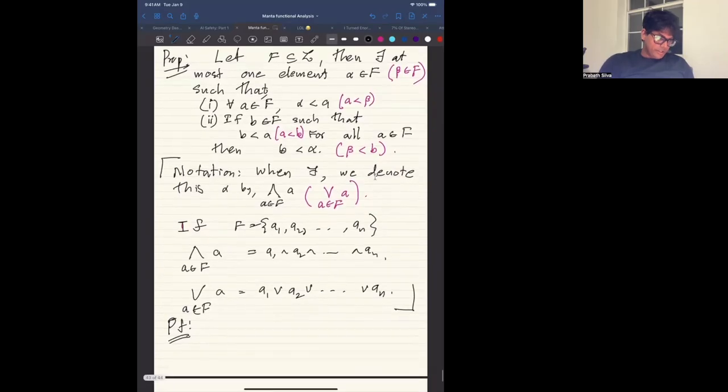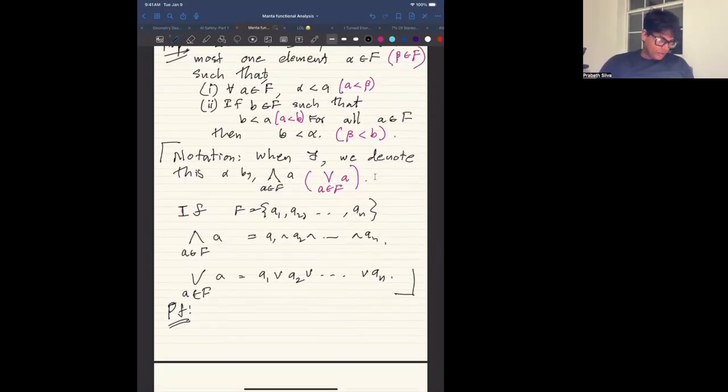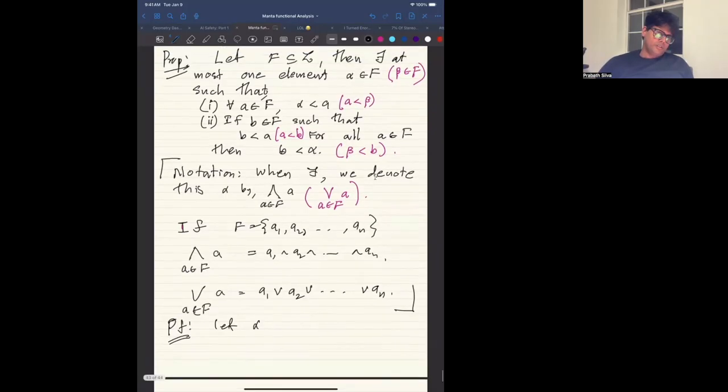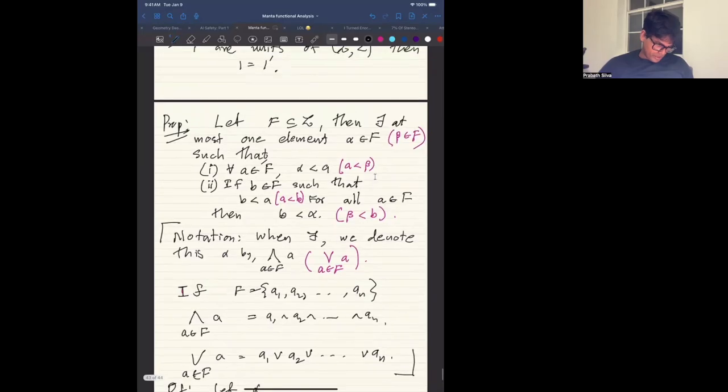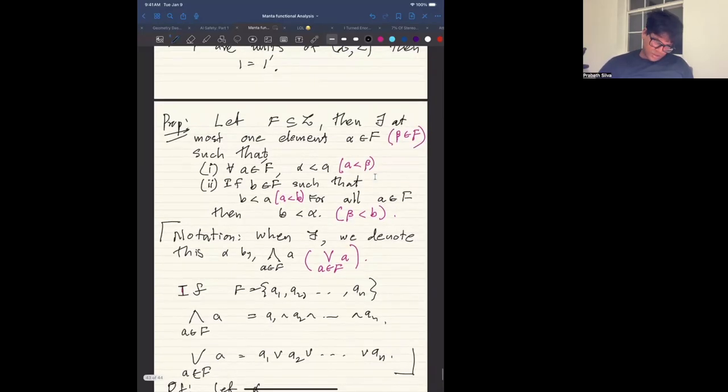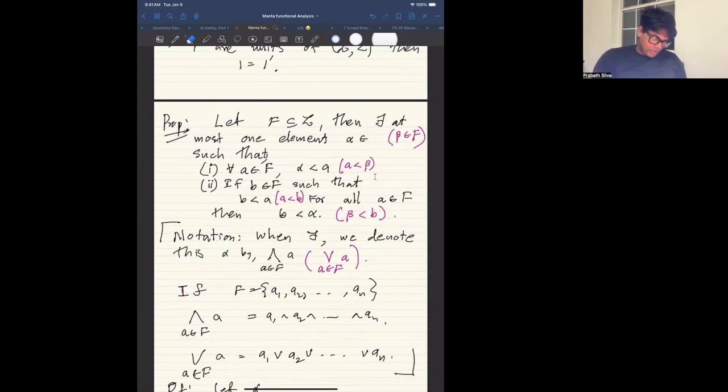So assume, let alpha... This element doesn't have to be in F. So this alpha doesn't have to be in the set that you started with.